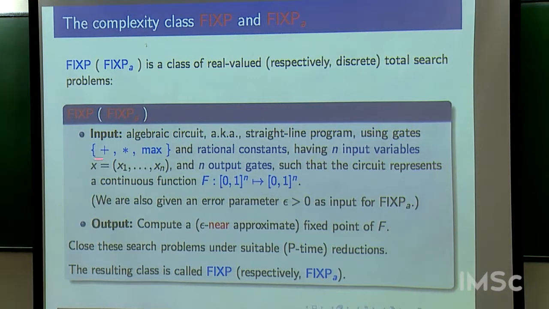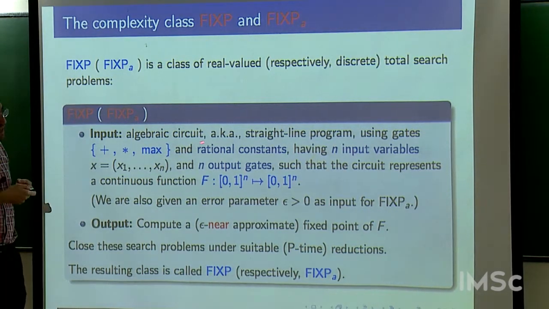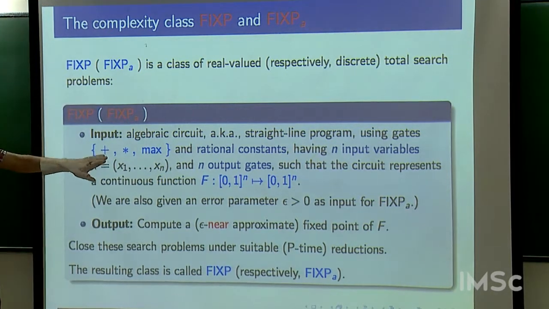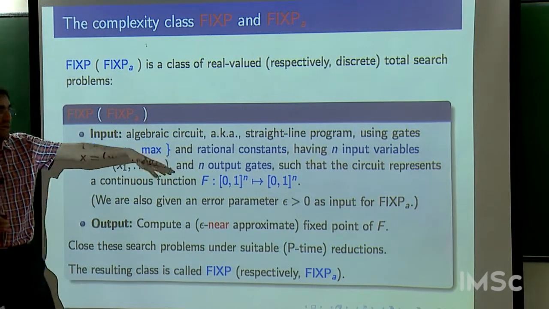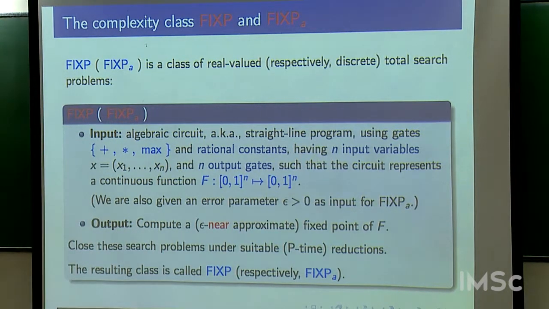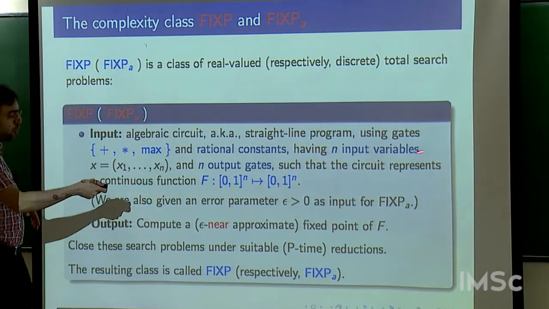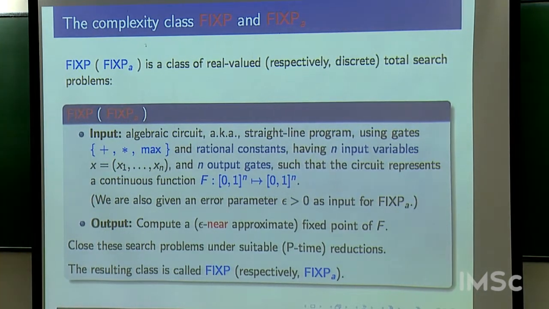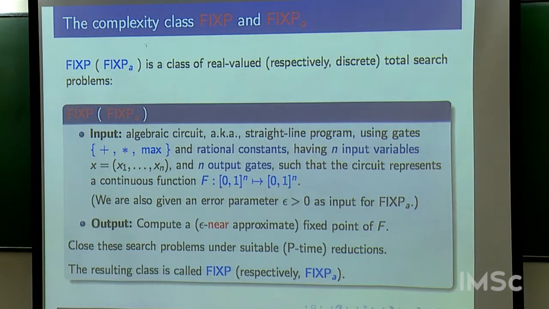The function is given to us by nothing other than an algebraic circuit, or a straight line program, that uses gates plus, times, and max, as well as rational constants, both positive and negative. It has n input variables, x1 through xn, and n output gates. Such a circuit, in a natural, obvious way, defines a continuous function.